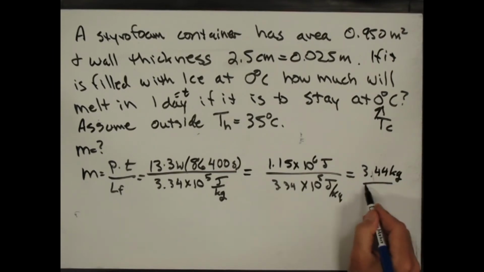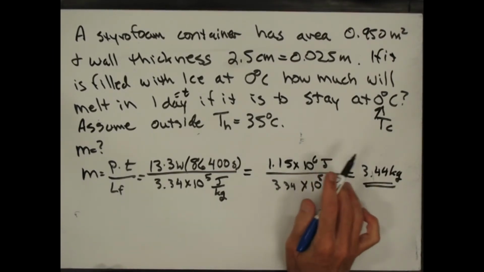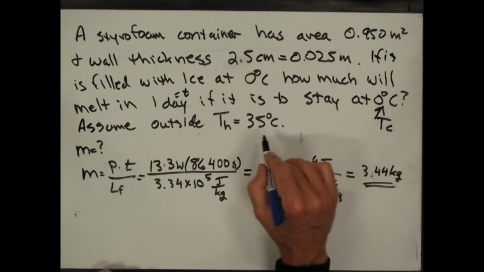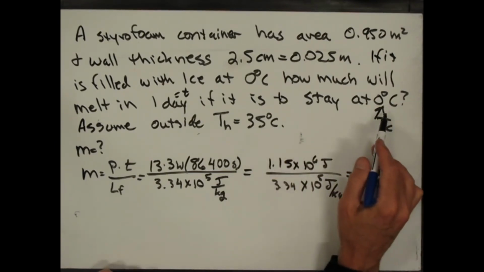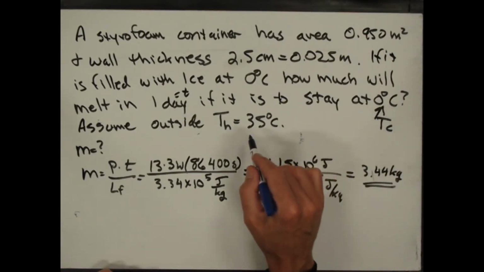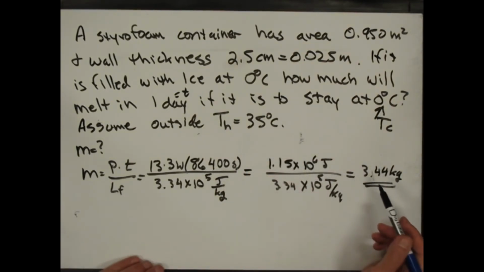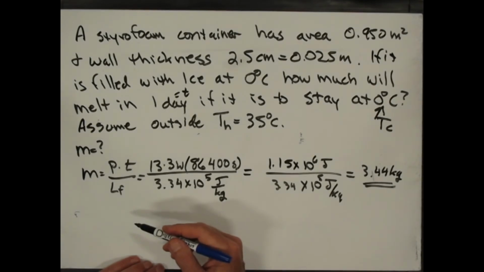And so if you fill an ice chest with ice at 0 degrees C and keep the inside at 0, and the outside at, well, the inside should stay at 0. Yeah, if the outside is 35 degrees Celsius, which is maybe 95 degrees Fahrenheit or something like that, 3.44 kilograms of that ice will melt in a 24-hour period.